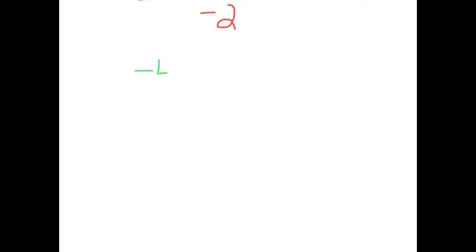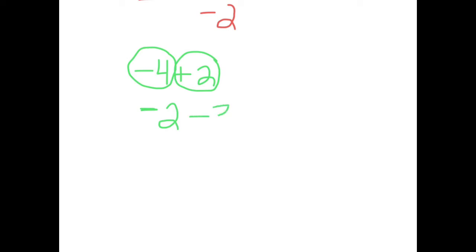So -4 plus 2, I'm going to circle them. Are the signs the same or are they different? Yes, the signs are different, so that's a subtraction problem. 4 take away 2 is 2. Keep the sign of the bigger number and bring down your -3. I'm going to circle these two terms.